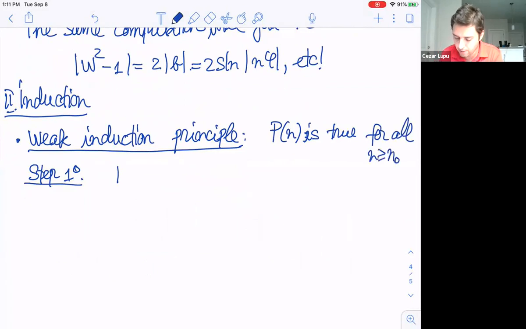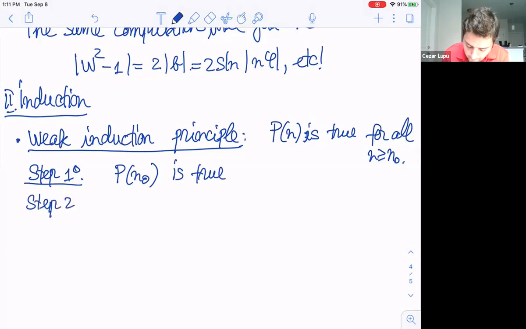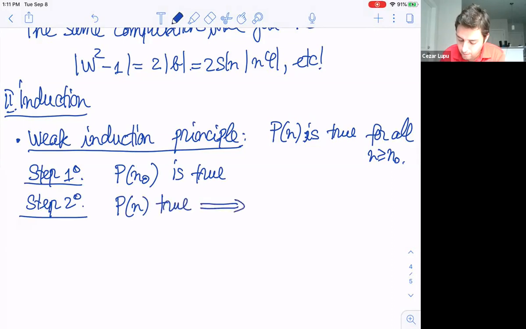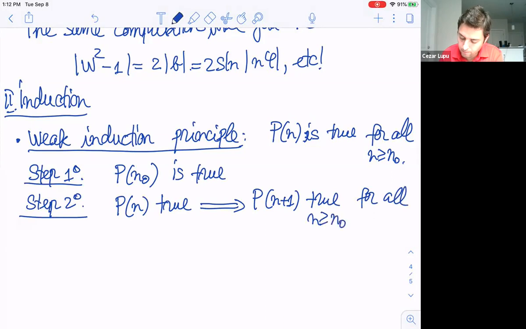So that's your proposition, right? So you first verify step 1, P of n0 is true. And then step 2, the implication: P of n true implies P of n plus 1 true for all n greater or equal than n0, right?